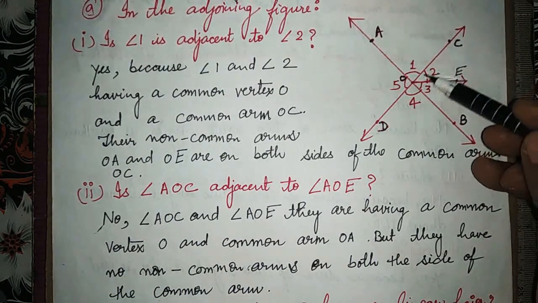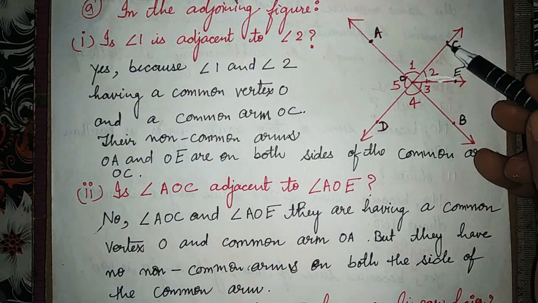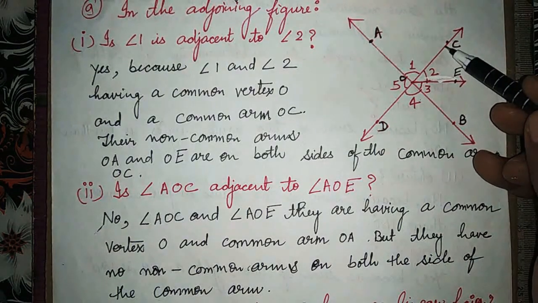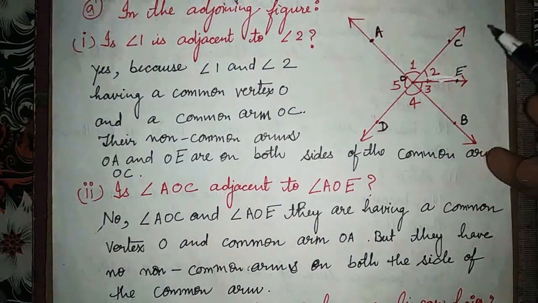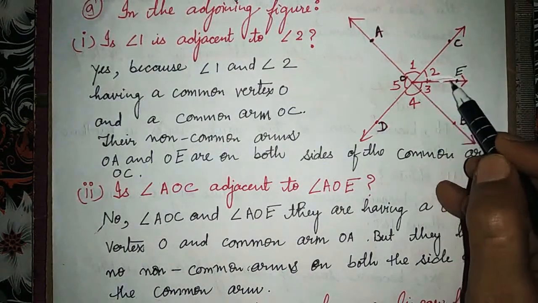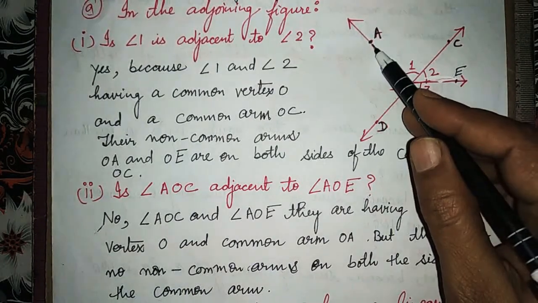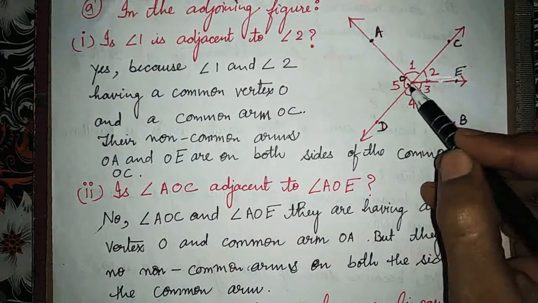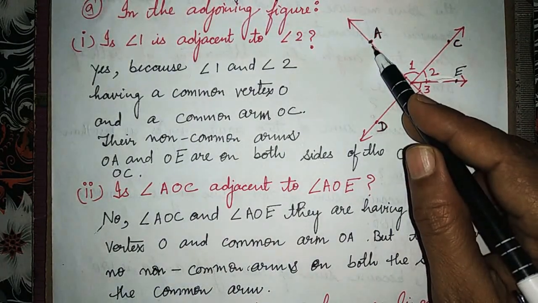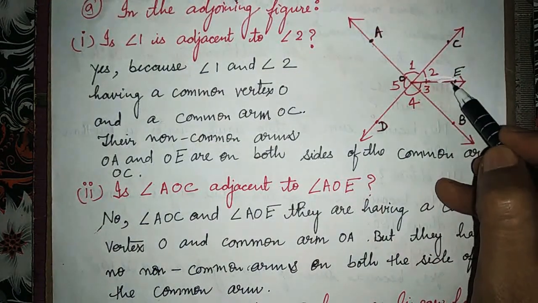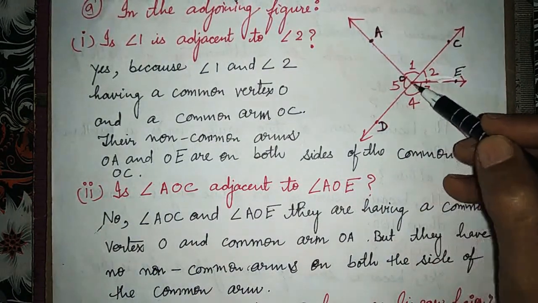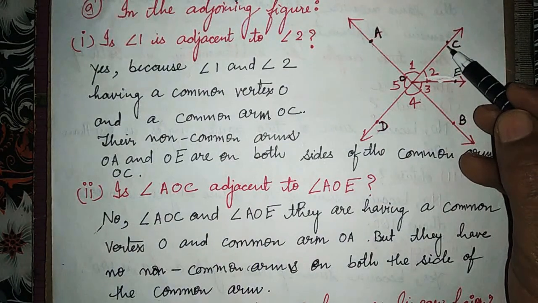What is OC? OC is a common arm. Now you will tell about the non-common arms. Here you can see OE and OA. They both are non-common arms because they are on either side of the common arm OC.